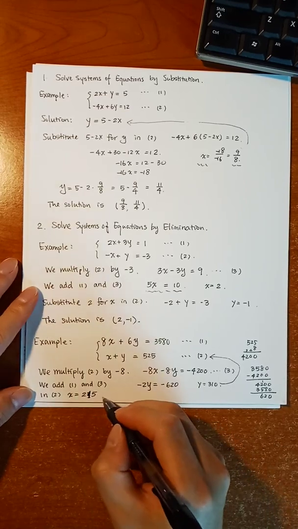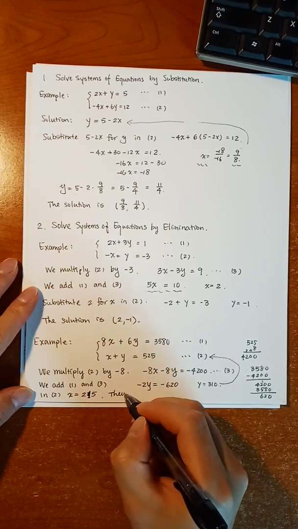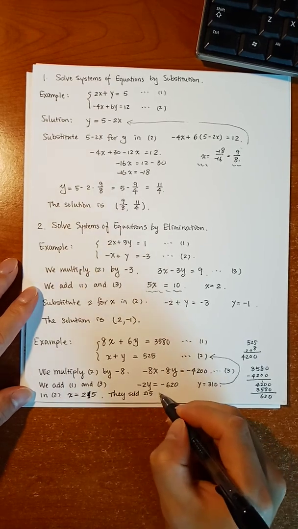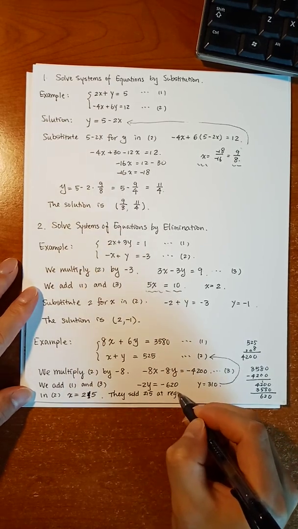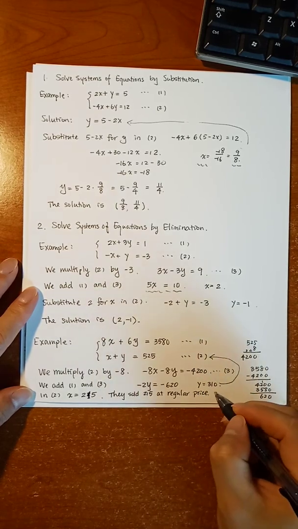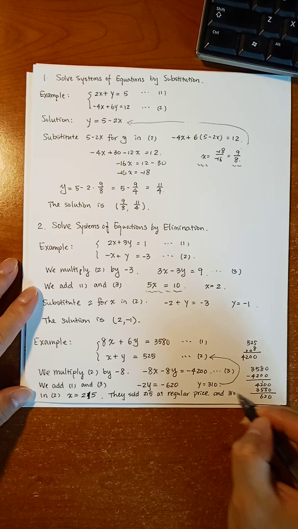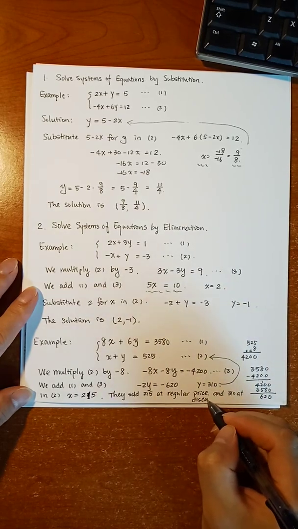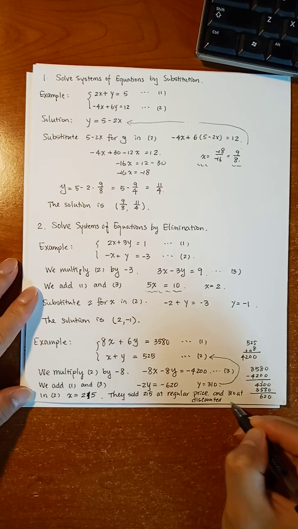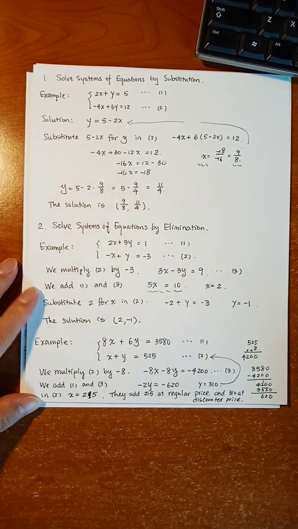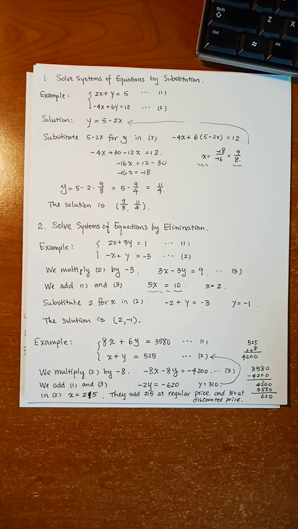So they sold 215 at a regular price and 310 at a discounted price. Right? So that's the solution.